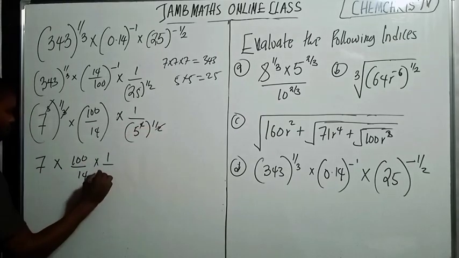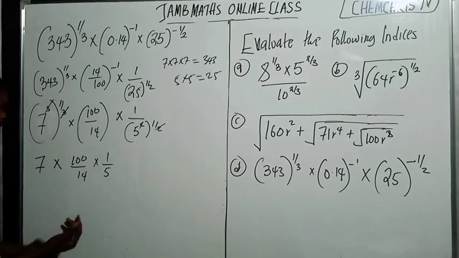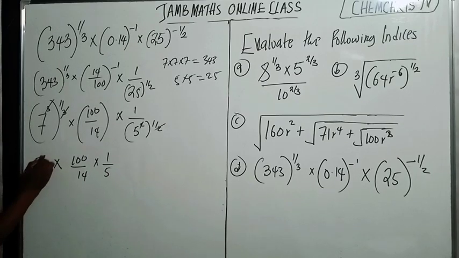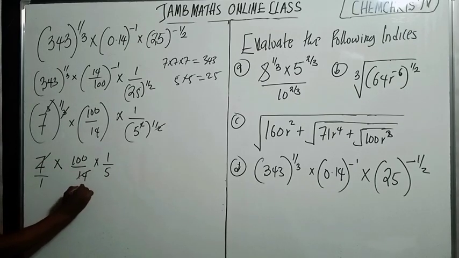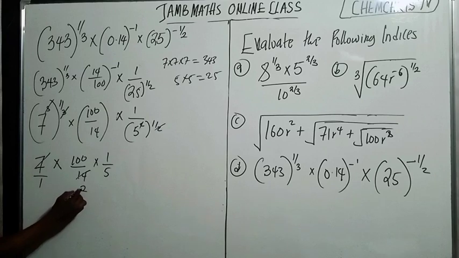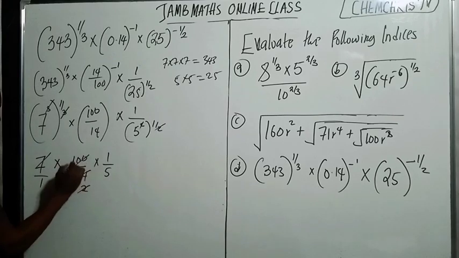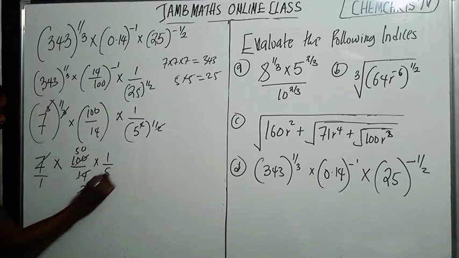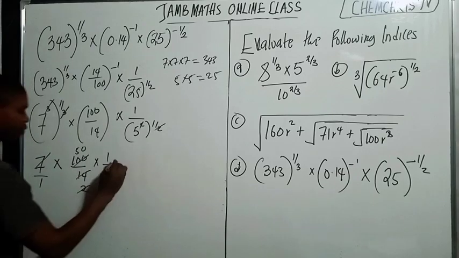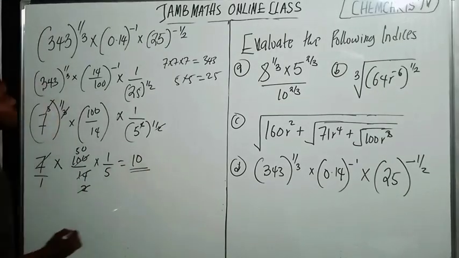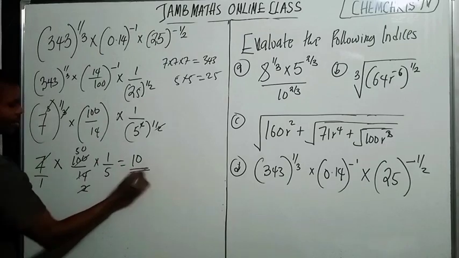We cancel this out, here we have 5, right? So here you have 7 over 1. 14 going to 7, going to 14 is what? Here we have 2. 2 going to 100, you have 50, right? 5 going to 50, here we have 10. So the answer is 10. So when you evaluate, the answer is 10.